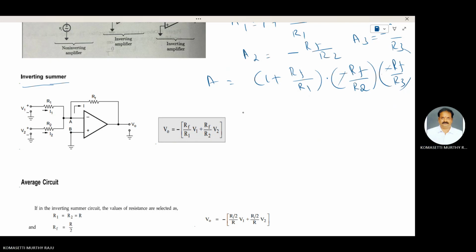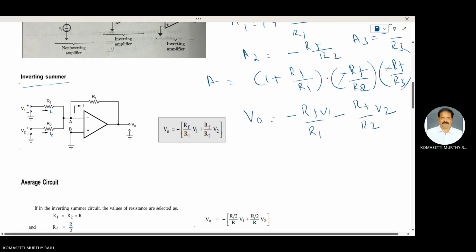Sum of these two. Therefore, V naught is equal to minus RF by R1 minus RF by R2 into V1, into V2, input voltages.